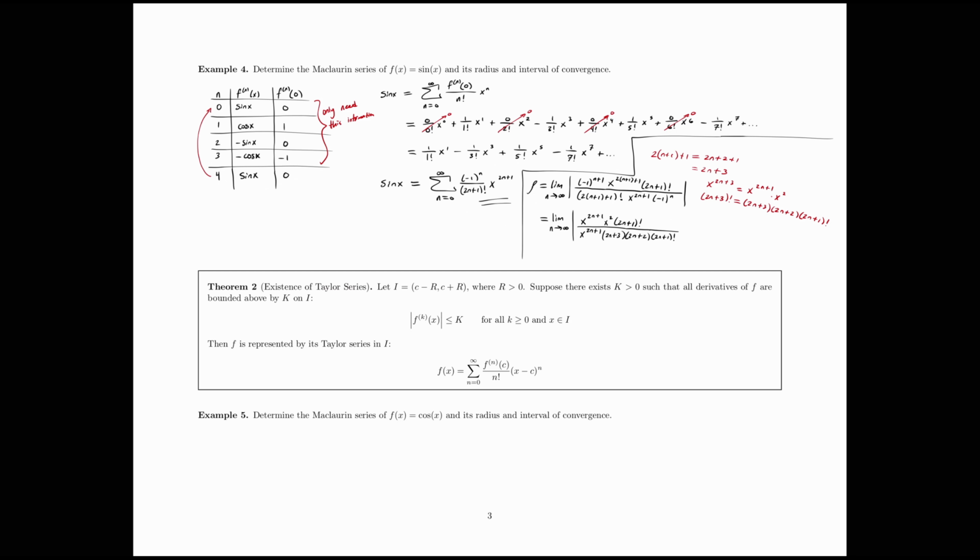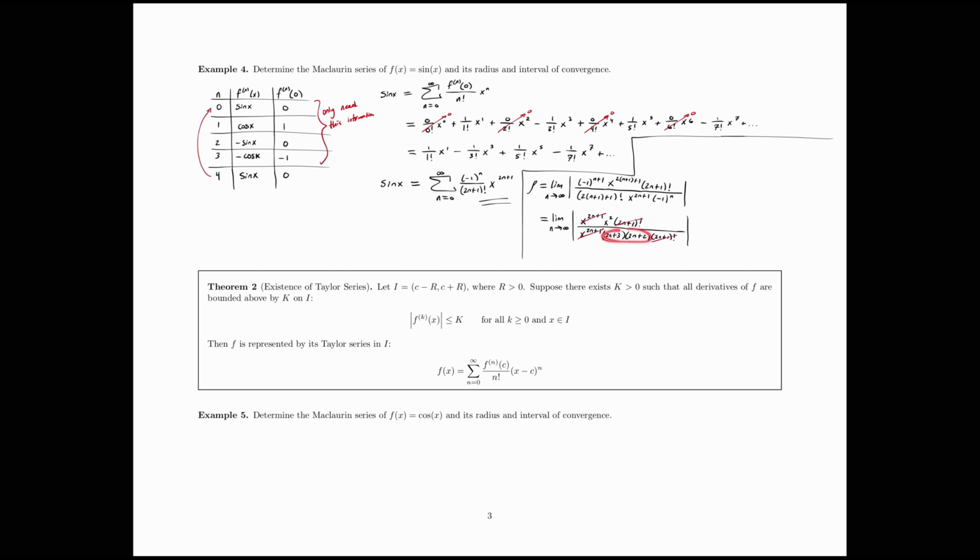All right, after that, cancel the factorials, cancel the x to the 2n plus 1s. Now, the absolute values won't affect the x squared because it's already positive. And the bottom has positive numbers, so it's as if we don't have any absolute values.